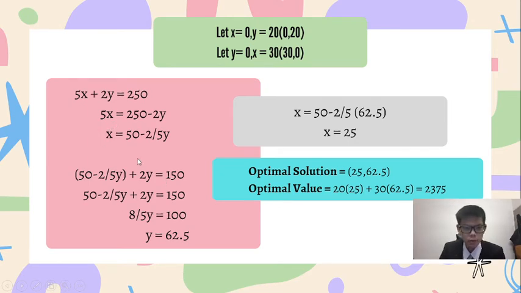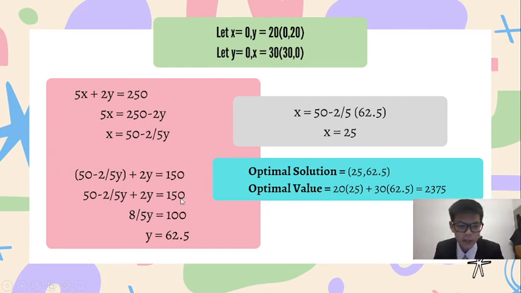Right now we use constraint 2 to substitute the value of x in. So constraint 2 is x plus 2y. So x will equal 50 minus 2 over 5y, plus 2y equals 150. So we just open the bracket and calculate. The 50 we move to the other side, positive becomes negative.